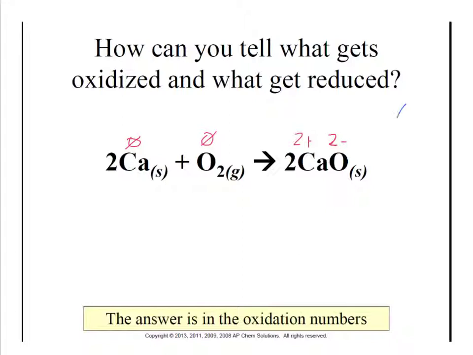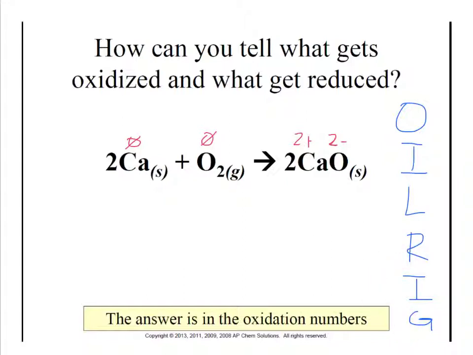Here is how you can always remember oxidation and reduction. Oil rig. So what oil rig stands for is that oxidation is loss, reduction is gain. Once again, oxidation is loss, reduction is gain, and it's all about the electrons. So anything that is oxidized is losing electrons, anything that is reduced is gaining electrons.